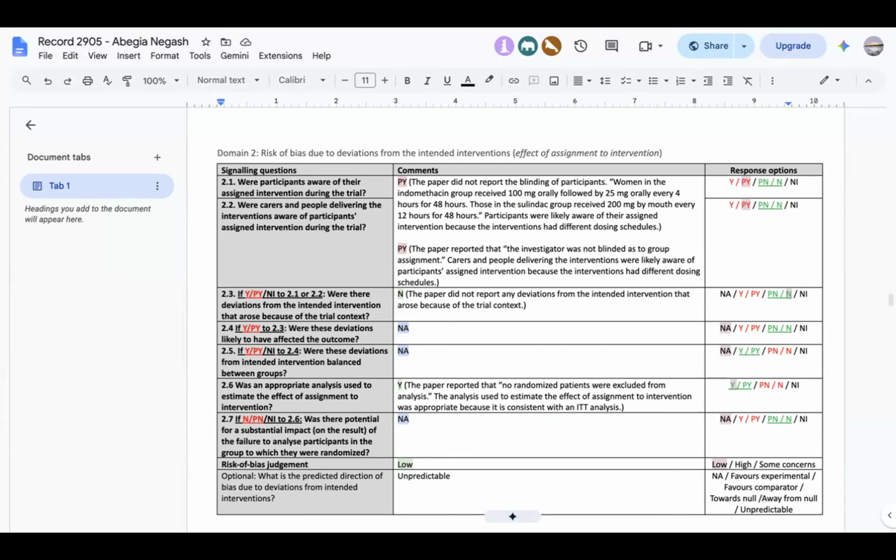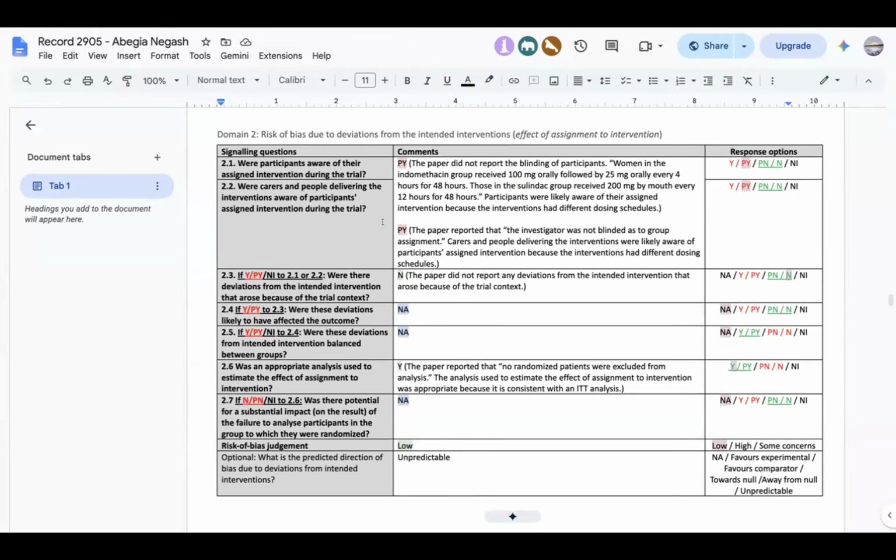The paper states that the principal investigator was the one who did all the image scans, and he was the one that searched through the patients' records to see if they had any adverse effect. So the investigator was not the one caring or delivering the interventions.